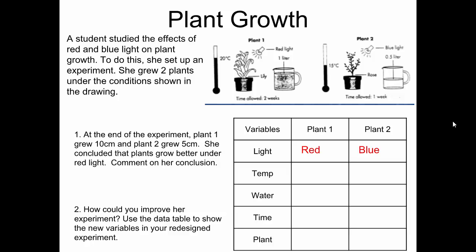But then, as Natalie said, we would want all of the other factors to be the same. We want them to be the same temperature. We want them to have the same amount of water. We would want them to have the same amount of time. And obviously be the same type of plant.